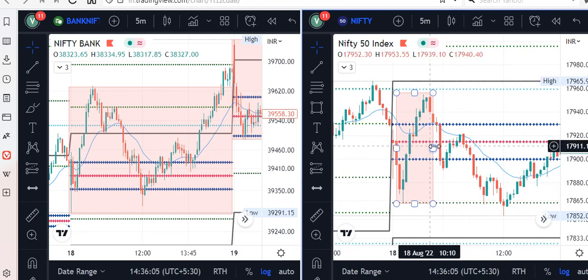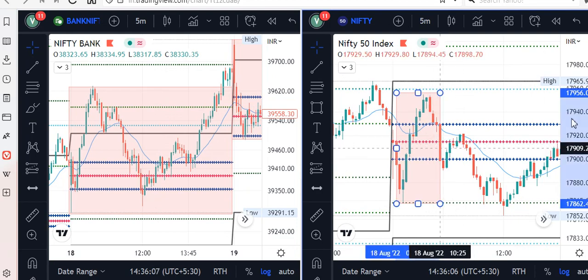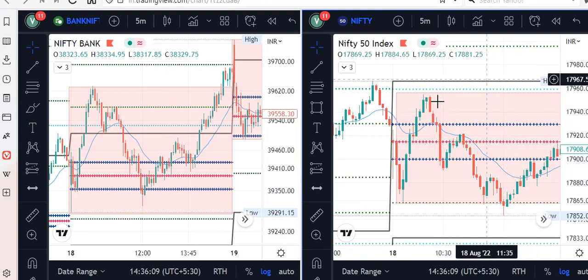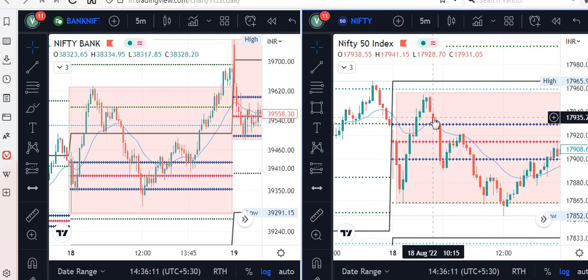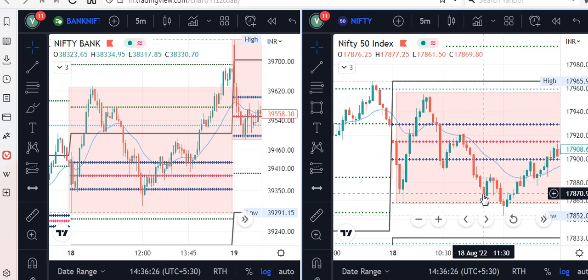If you see here, this is the 10:15 candle. Okay, this is the initial balance range. Already it has taken rejection here, and this confirmed the move. You can take the trade and take your profits at this low level.